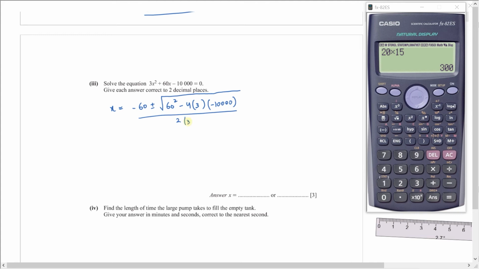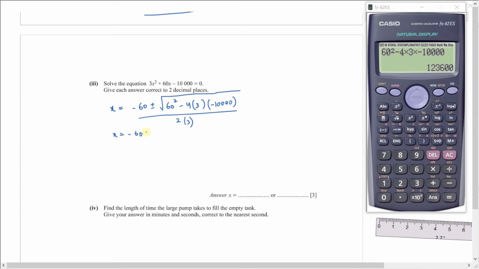A is 3. So let's first find the value inside the square root. So 60 square minus 4 into 3 into minus 10,000 is 123,600.